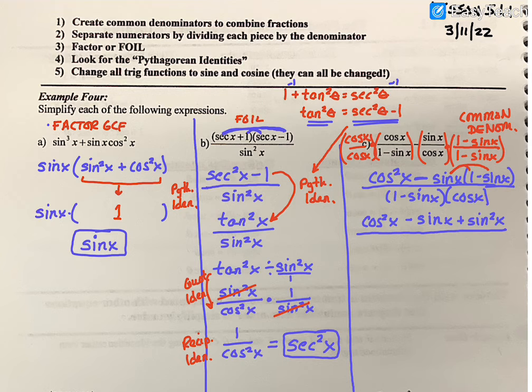In the denominator, I'll be honest, it's hard to know sometimes. Do I multiply that together? Do I not? The numerator I usually need to multiply together. Denominator? It kind of depends. I'm not going to multiply it until I see a need to multiply it. So right now, I'm going to leave it as 1 minus sine x times cosine x and see what happens.